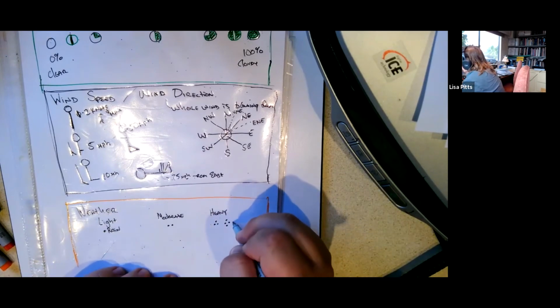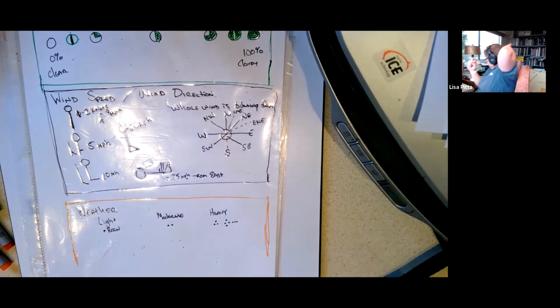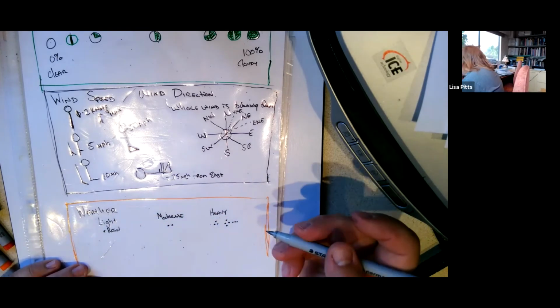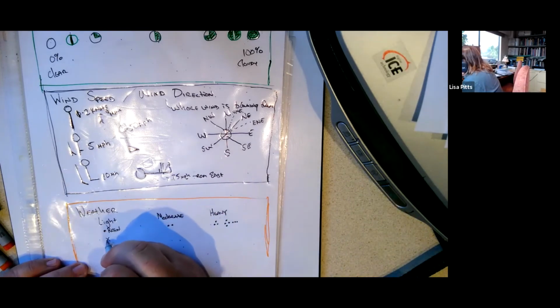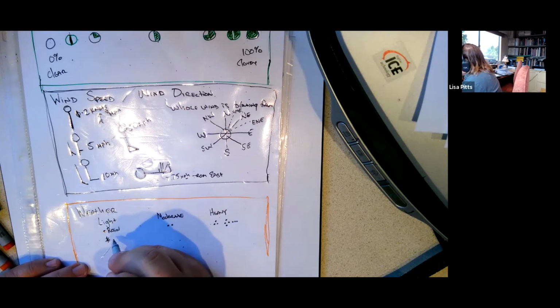Sometimes they line them up like this instead of creating this little triangle, but that's what that's for rain. All of those are rain symbols. Okay, a little asterisk looking thing like this. Well, that's snow. It's like a little snowflake.